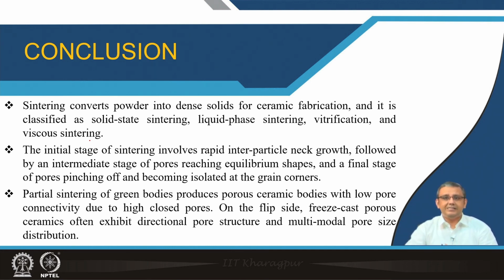All those things were discussed in brief detail. Finally, we discussed two processes for fabricating porous ceramic bodies. One was partial sintering and the second one was freeze casting. So, these were the content of today's lecture.